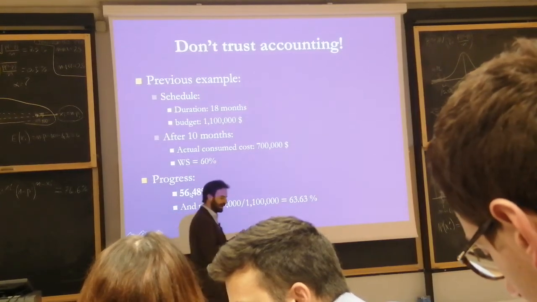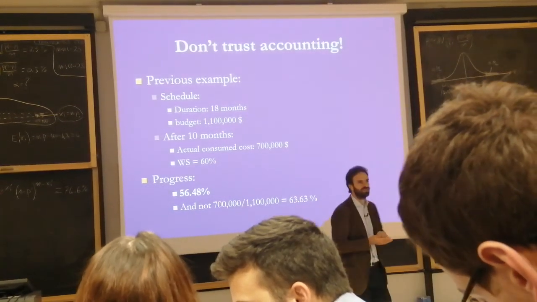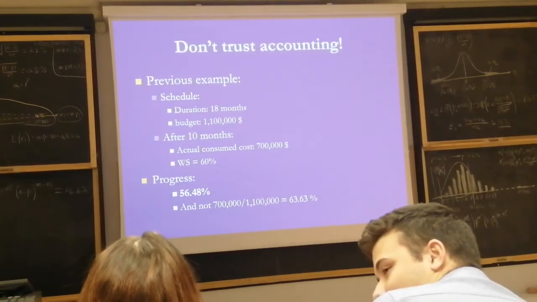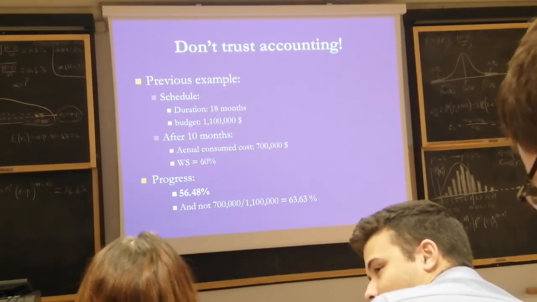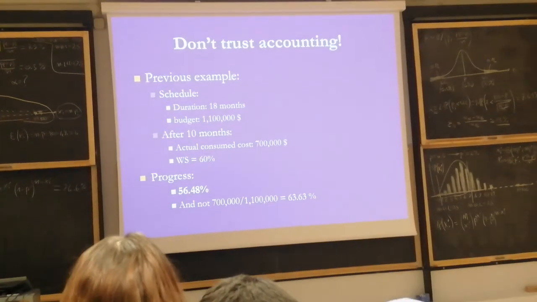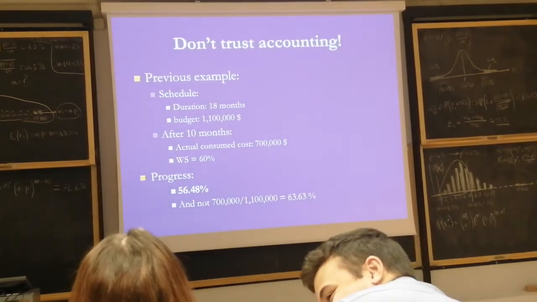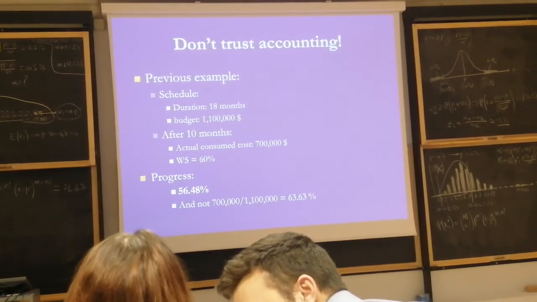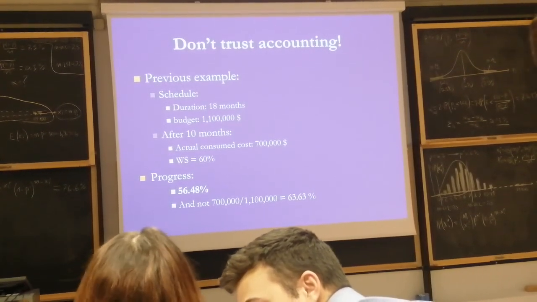Can you please calculate the cost index and schedule index? Cost index is, and schedule index is. Final calculations. To me, cost index and schedule index allow me to avoid writing performance.